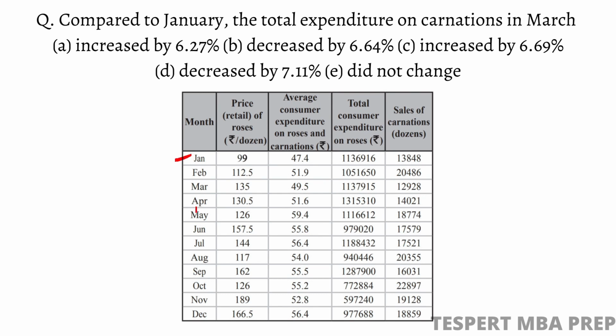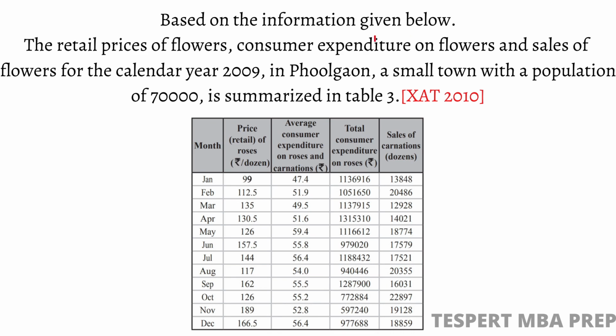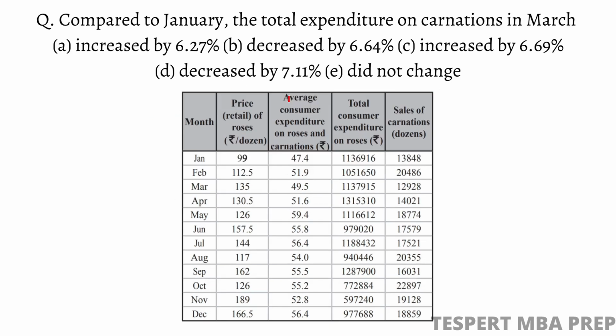So this is January, this is March, and we know the total population of the town is 70,000 and the average consumer expenditure on roses and carnations both in January is 47.4 rupees. So 47.4 into the total population, which is 70,000.